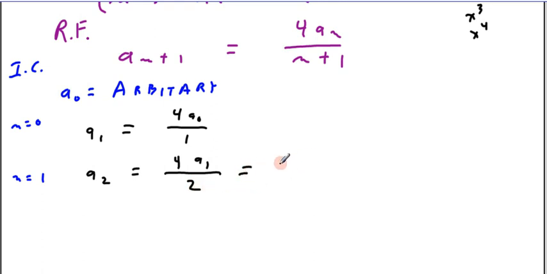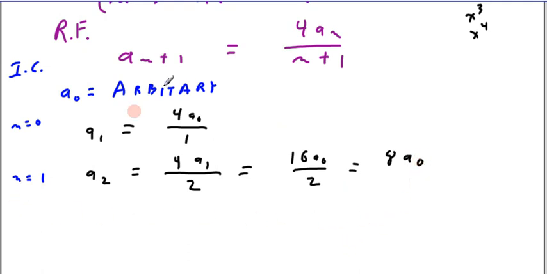And I look at that and I say, well, A1 is 4A0 divided by 1, so I've got 8. That was cool. 16 A0 divided by 2, which is going to be 8 A0.